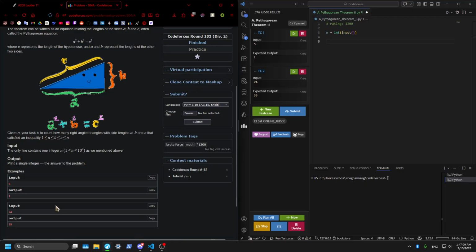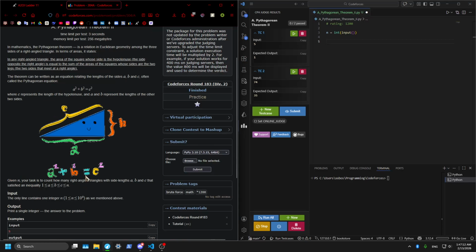Okay, how do we do this? A squared plus B squared equals C squared. Are A and B and C integers?